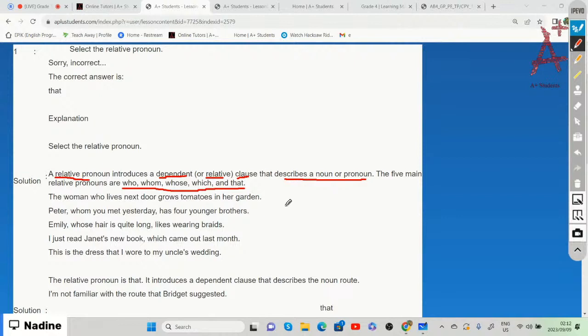So basically, a relative pronoun introduces a dependent or relative clause that describes a noun or pronoun. And then we have the five main relative pronouns, which are who, whom, whose, which, and that.